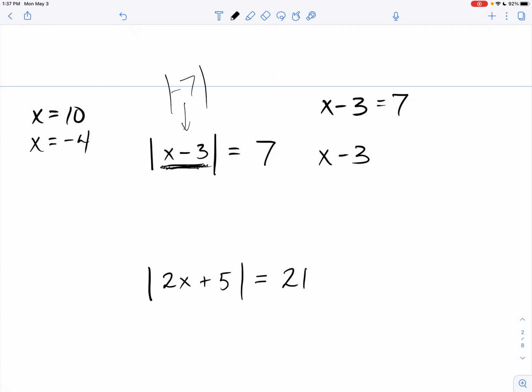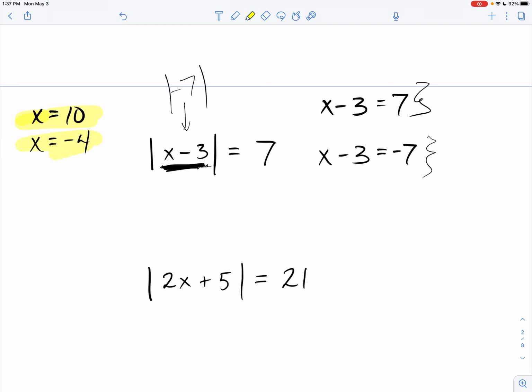If the stuff inside those absolute value bars was equal to -7, I would also get a true statement. And then you see the light, because this top equation, it's not very hard to solve, but it is an equation nonetheless. X minus 3 equals 7, so you would add 3 to both sides. There's this answer. X minus 3 equals -7. Once again, not hard to solve, but if I did, you would get this answer.